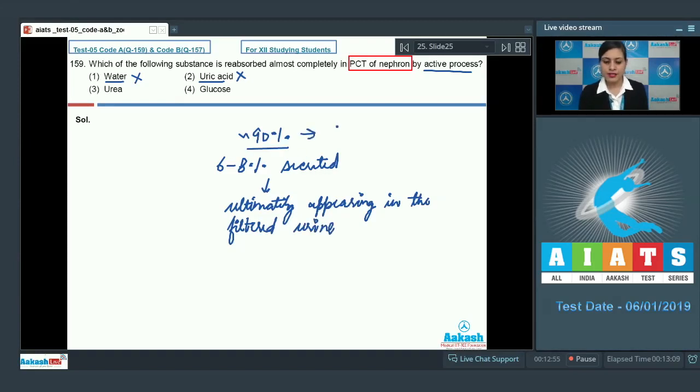And this 90% of filtered urate is reabsorbed in PCT. So this is an incorrect option.